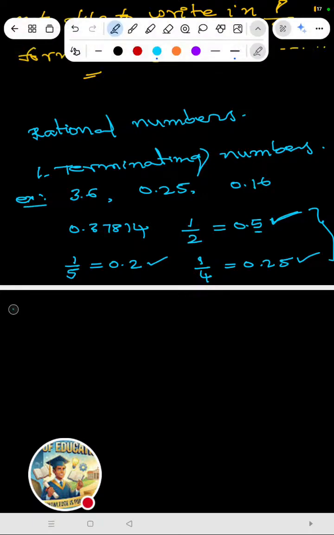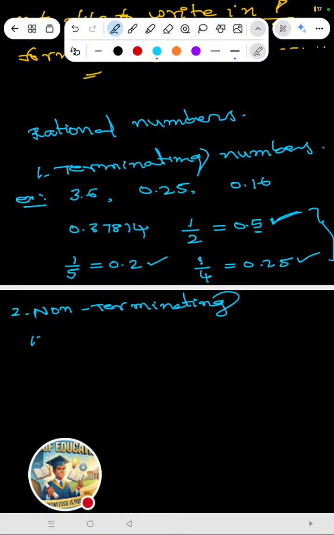The next type is non-terminating recurring numbers.